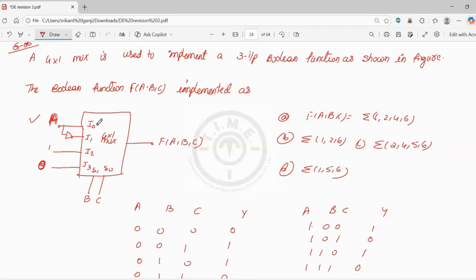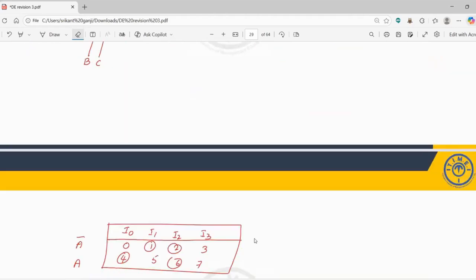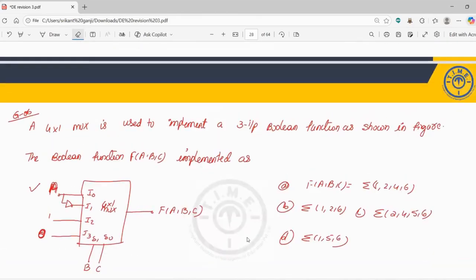Now you do it. Are you getting the same answer or not? 1 comma 2 comma 4 comma 6.